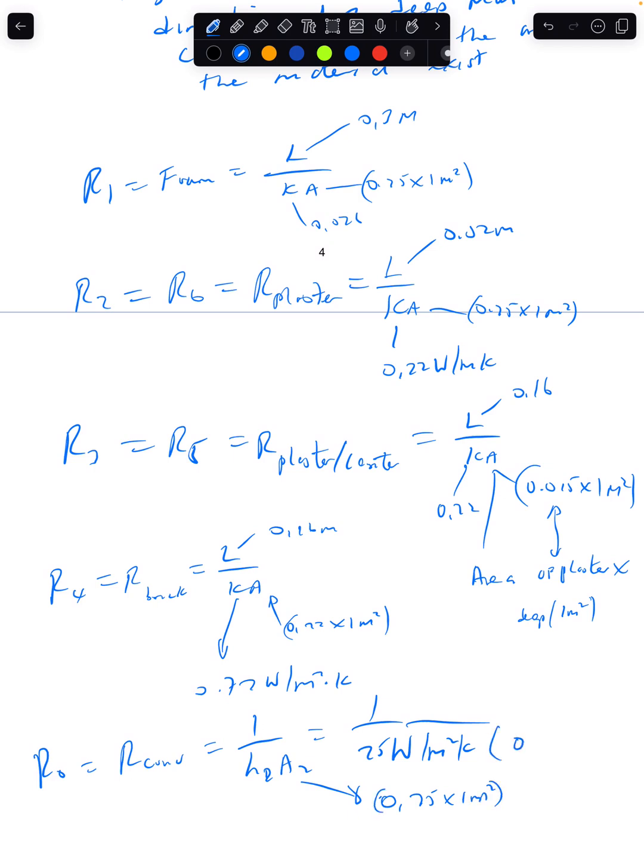That is equal to 0.25 times 1 meter square.